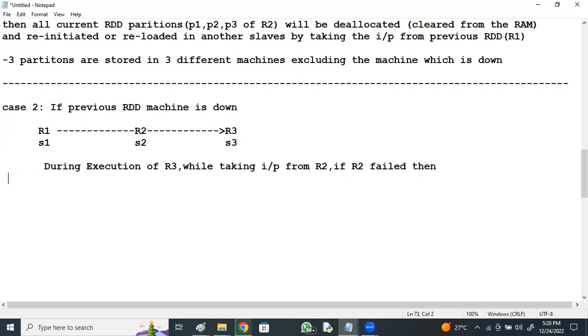Here R2 can't be reloaded or reinitiated in other machines.